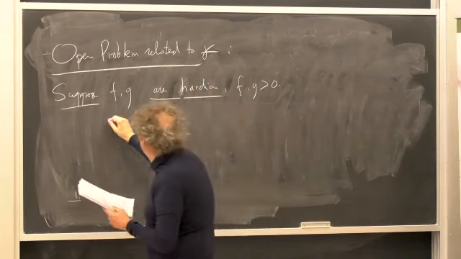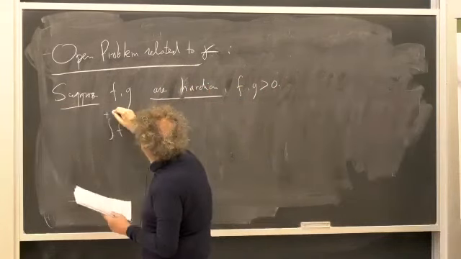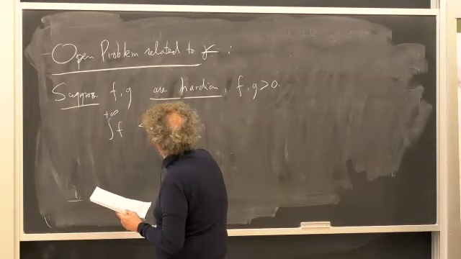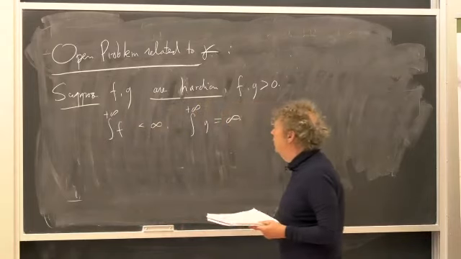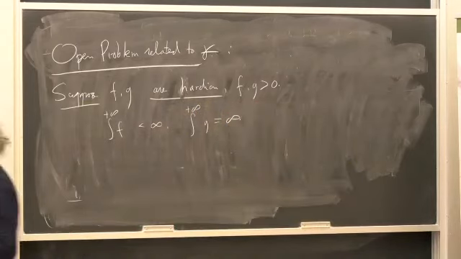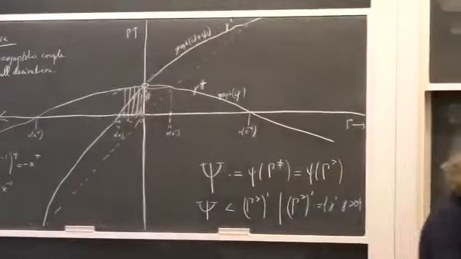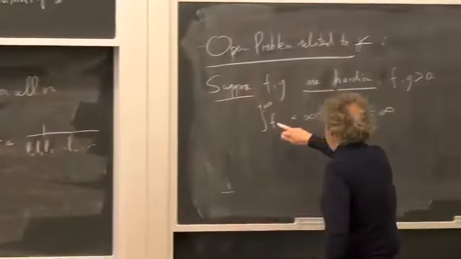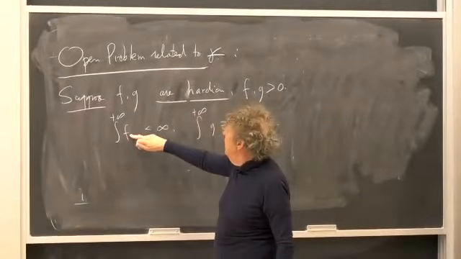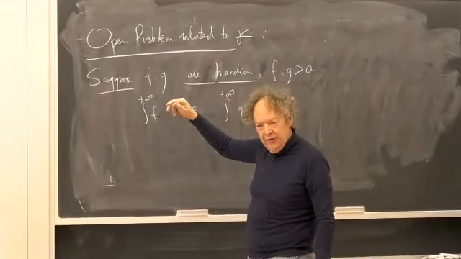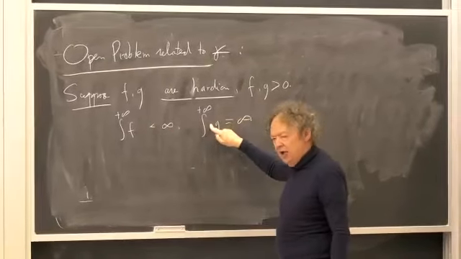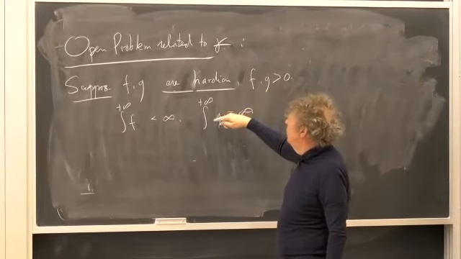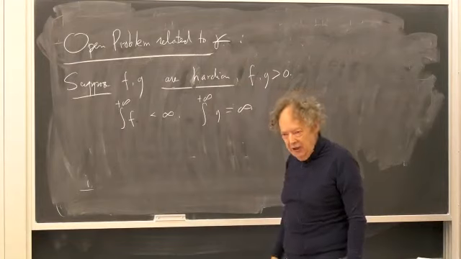And suppose the integral of f is finite, and the integral of g is infinite. So this means if f is in a Hardy field H, that f is in the downward closed subset gamma bar, and if g is in a Hardy field, this means that g is bigger than this gamma in its Hardy field.